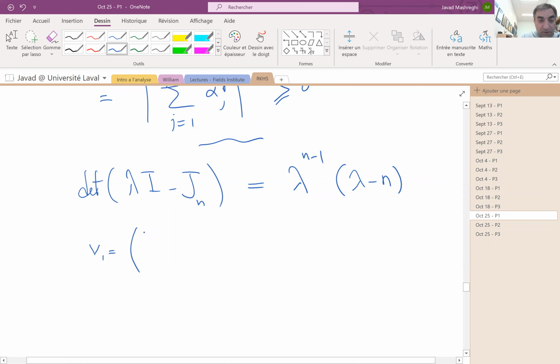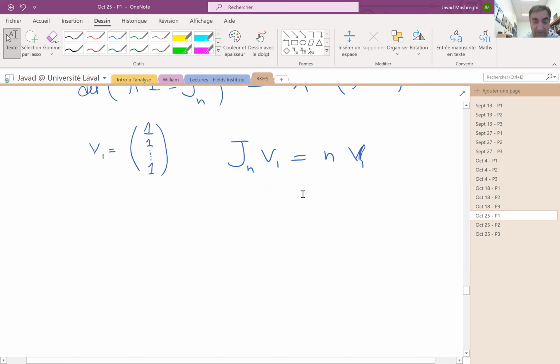V1, all its element coordinates equal to 1. And we see that Gn of V1 is equal to n V1. So it shows that n is an eigenvalue and V1 is an eigenvector. And to show that we have also 0 as an eigenvalue, I give you other vectors. V2, you put 1 here and minus 1 there and 0 for the rest.